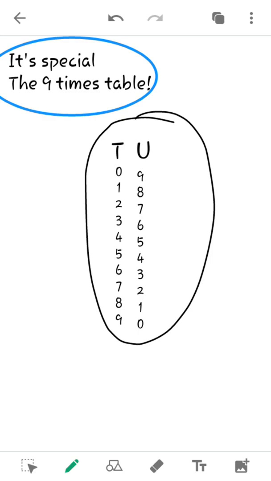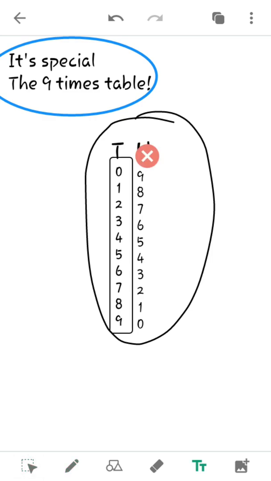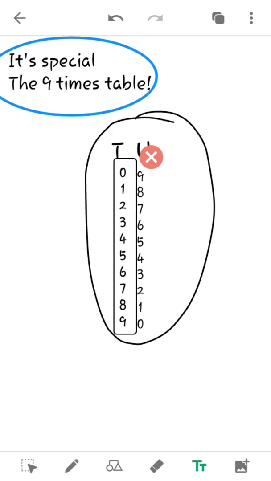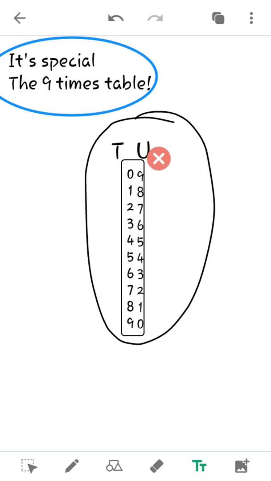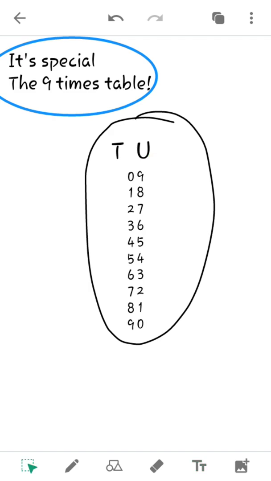9 ones are 9, 9 twos are 18. So look, we have the 9 times table all ready. Isn't that wonderful? Yes or no?